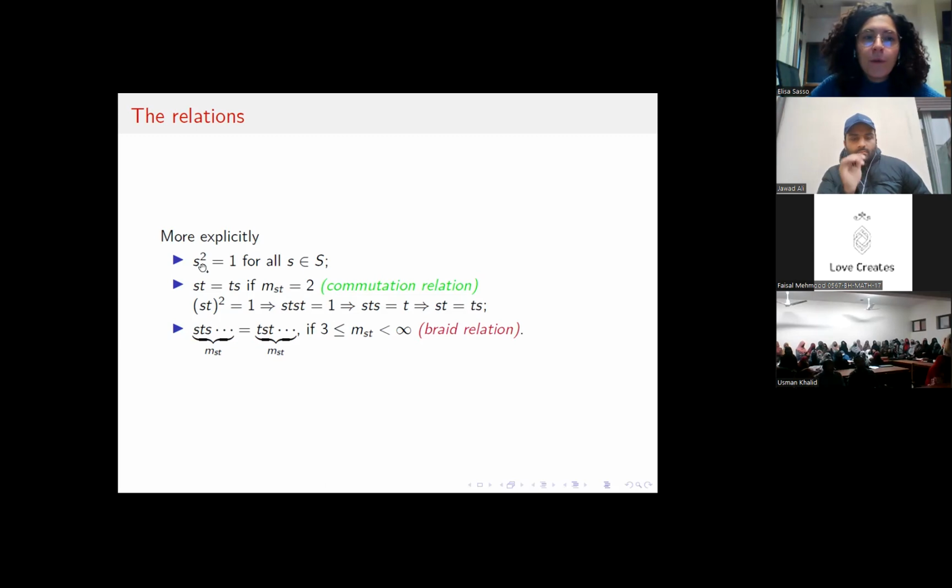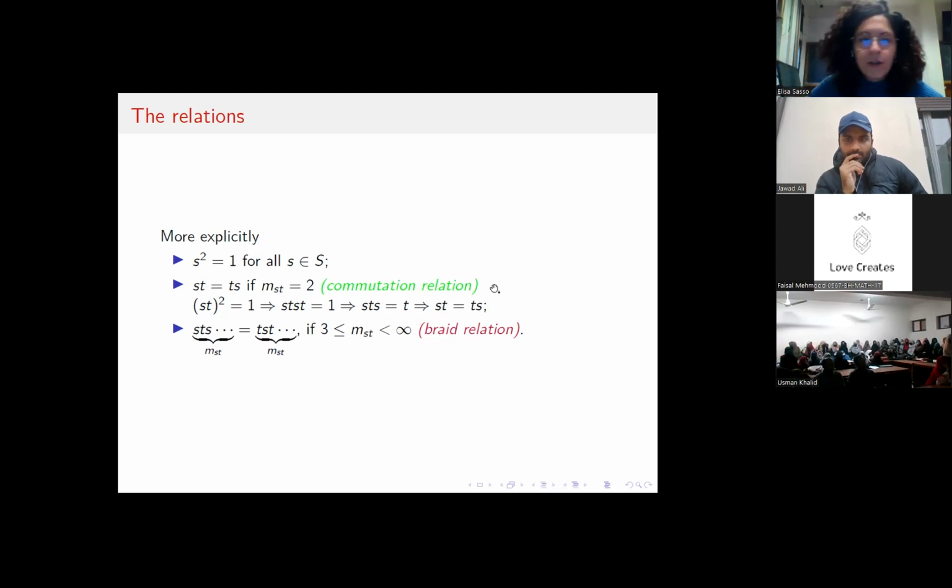But from point 1, we know that every element is an involution. So if we multiply T to the right of both members, we cancel it from this T. So it becomes STS equal to T. We do the same thing with the S, and we obtain ST equal to TS. And this relation is called commutation relation, because they commute.